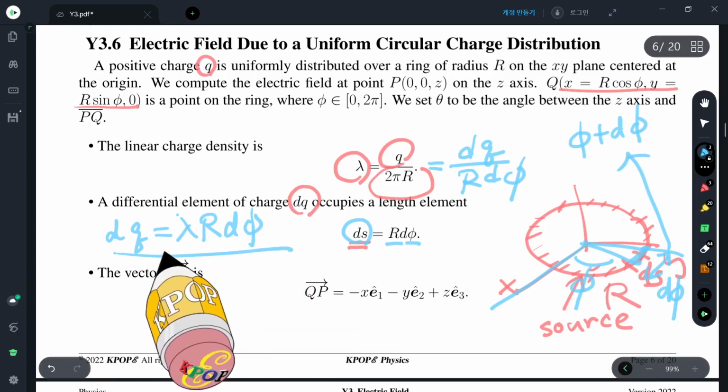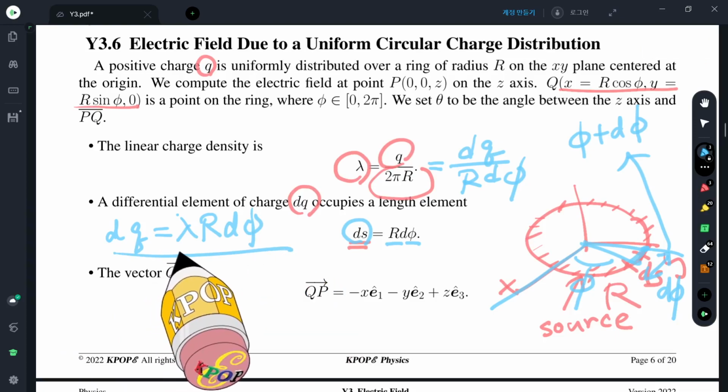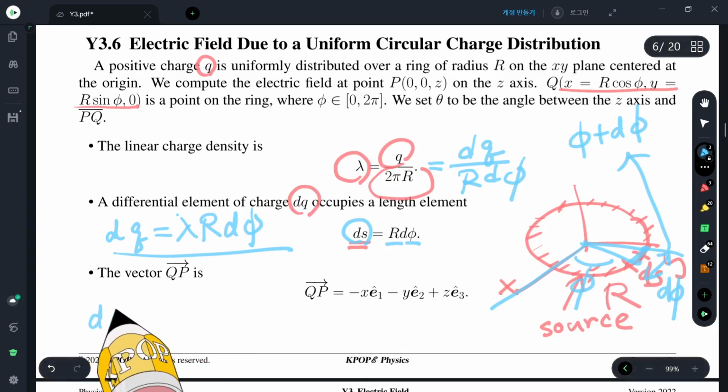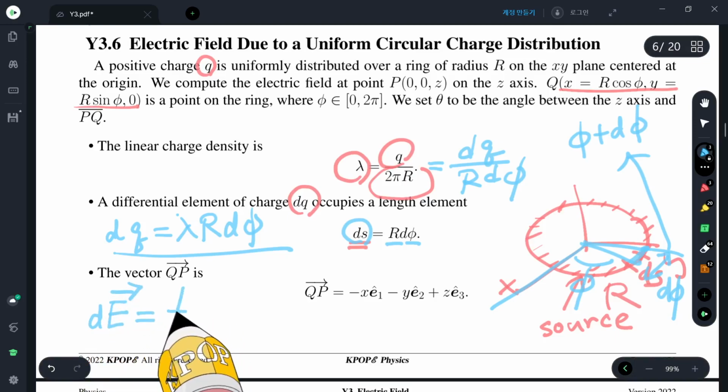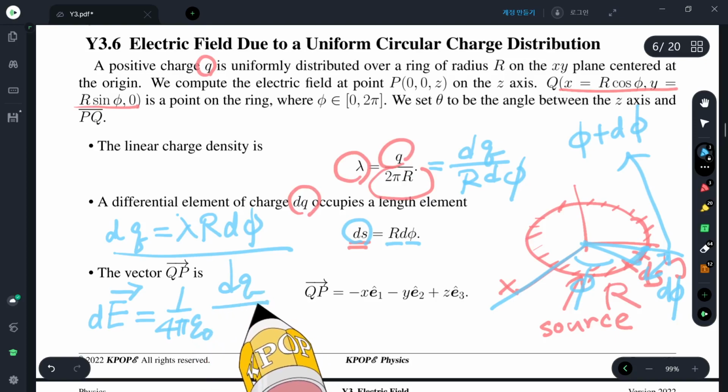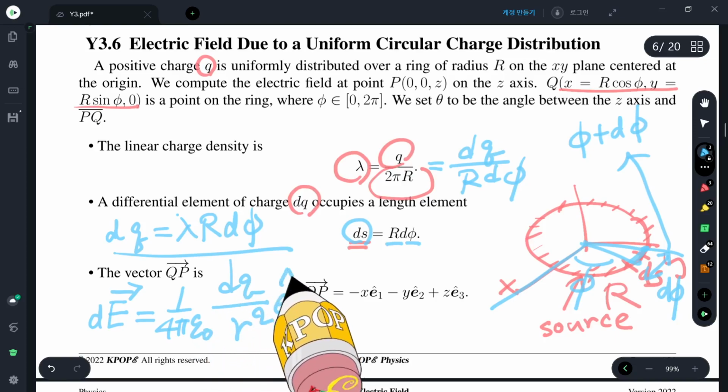This should be substituted into the Coulomb force formula, from which we can determine the electric field: 1 over 4 pi epsilon 0, dq divided by radius squared, times the unit vector along the radial direction.